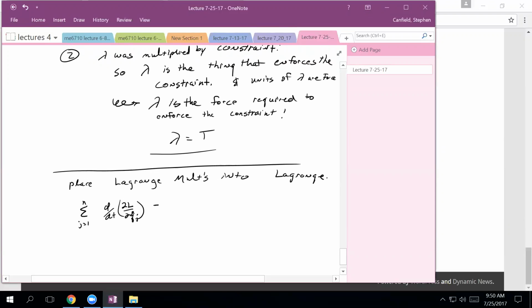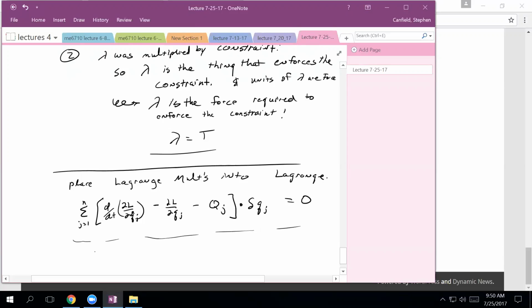Partial Lagrangian with respect to qj dot, minus the partial Lagrangian with respect to qj, minus cap Qj, dotted with the virtual qj, equals 0. We said this, right? We had this.